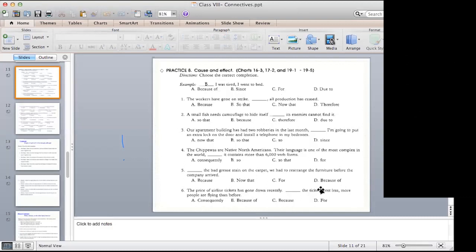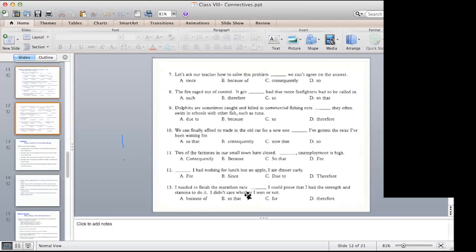Yes. Next one. Let's ask our teacher how to solve this problem. We can't agree on the answer. So what should we use here? Because of, consequently, so, or since? So we are going to use here since.